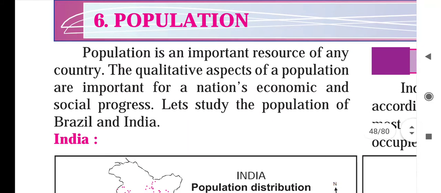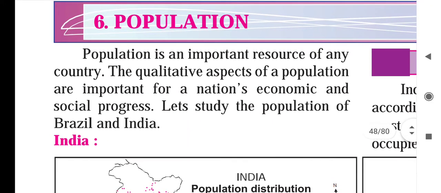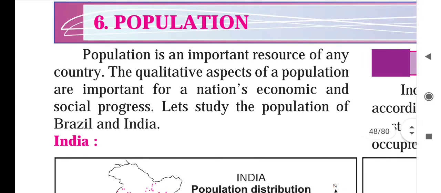Here it is said that population is important, but also the qualitative aspect of the population. What is the qualitative aspect? It means the population should be good. They should have qualities. Population should be educated and healthy. If they are educated and healthy, then it is good for the nation.